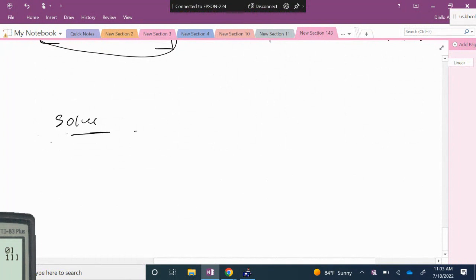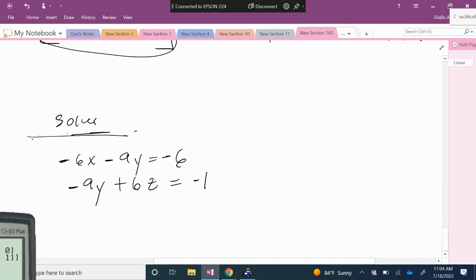Okay, so we're going to solve negative 6x minus 9y is equal to negative 6. Negative 9y plus 6z is equal to negative 1. And 4x plus 6z is equal to 4.